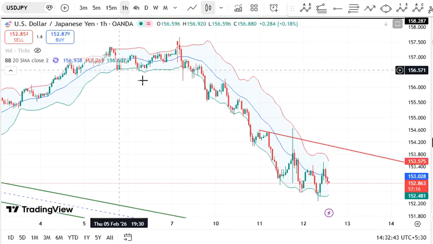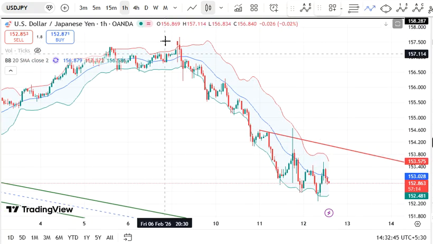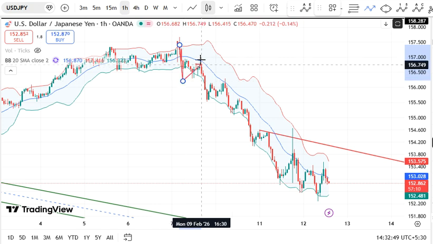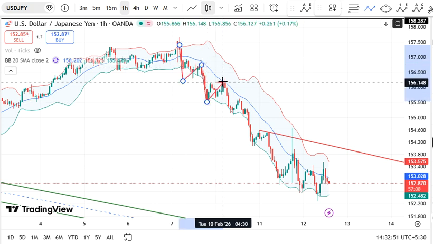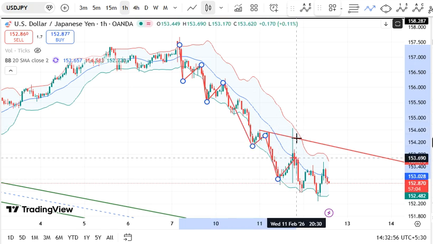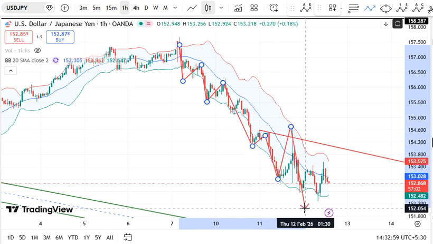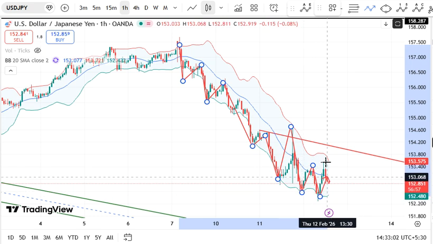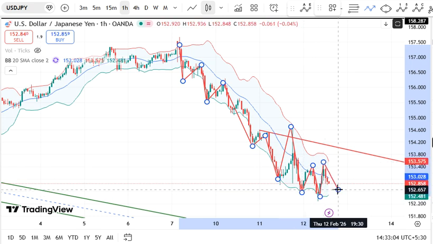This is USD JPY making lower highs and lower lows. This is our lower high, lower low, lower high again, lower low, lower high, lower low, continuously making lower highs and lower lows. So we can say the USD JPY is currently bearish, and we shouldn't look for bullishness yet.